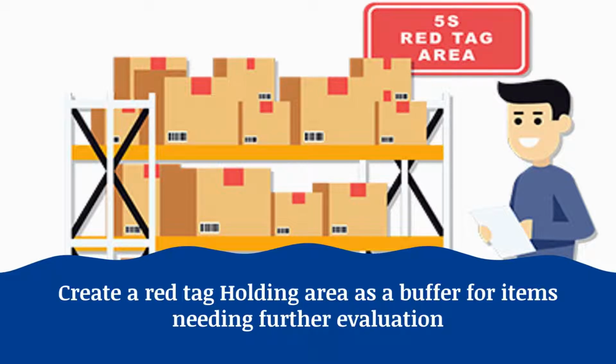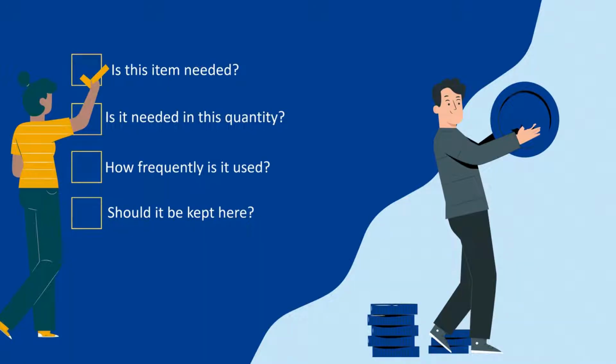Red tagging simply means that you put red tags on items which require further evaluation of being unnecessary or necessary. Each red tag will be asking some important questions. Is this item needed? Is it needed in this quantity? How frequently is it used? And should it be located here?